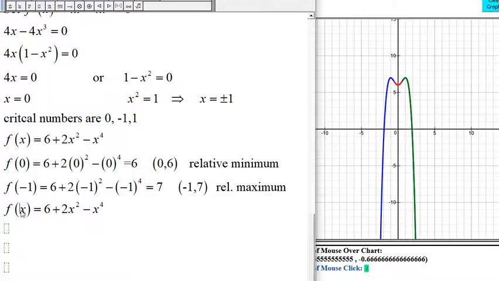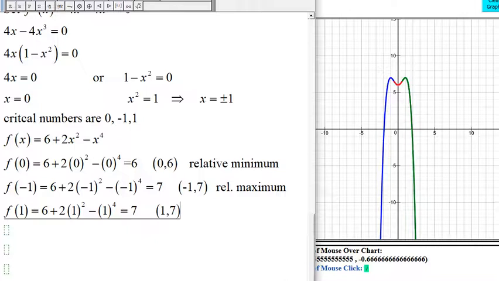And then similarly, if we have a 1 here, then we also get 7. And so here we have 1, 7, and this is a relative maximum also.